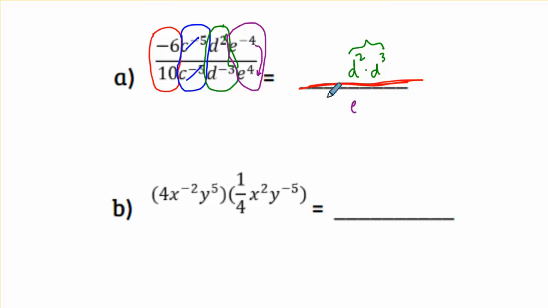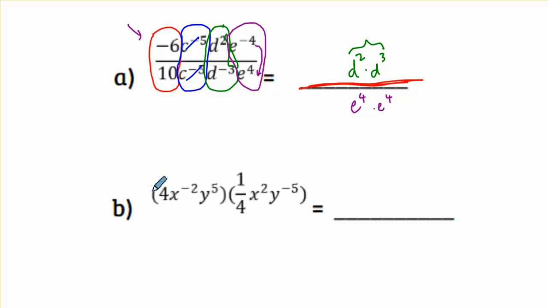So we still have this E to the fourth that was already there. And now we have another E to the fourth, and we're going to multiply. So I've just made myself some little notes here. Don't think that this is your final answer. I'm just reminding you what you need to do with the D's and the E's, and then you need to remember to deal with this coefficient, -6/10.